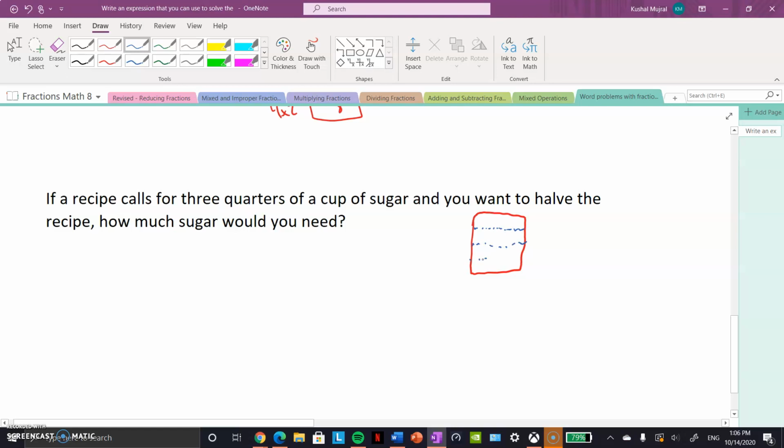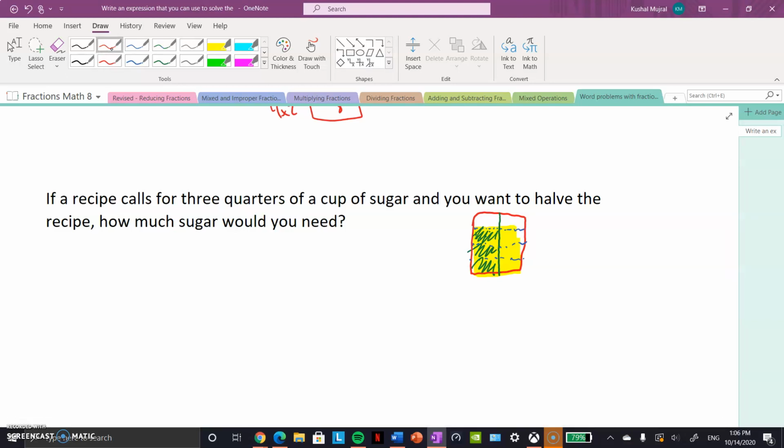So let's draw this into quarters. And we're going to fill 3 of the quarters, 1, 2, 3. And you need to halve the recipe. And this is how much the recipe wants. How much sugar would you need?